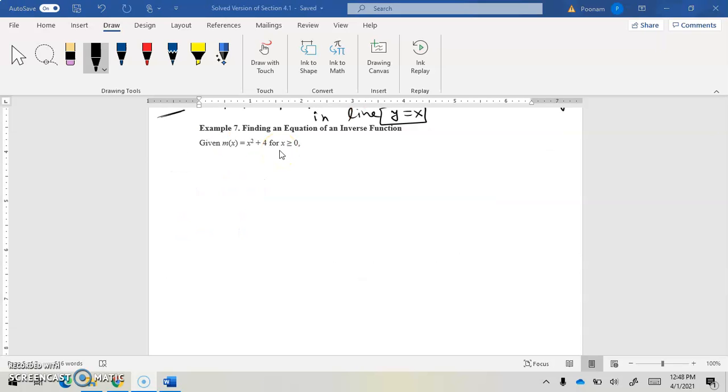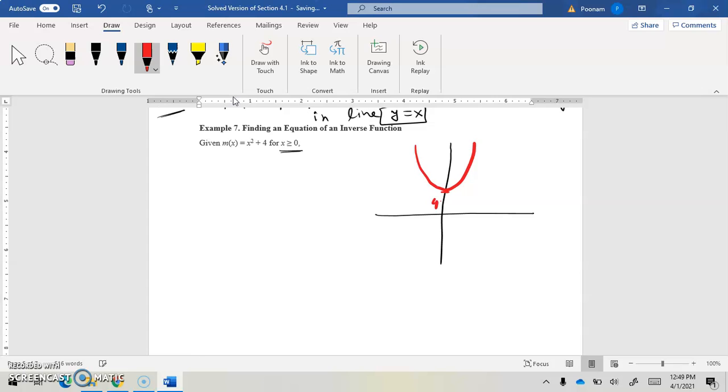Here in example number 7, we are given the function m of x is equal to x squared plus 4, where x is positive. So if you remember, x squared plus 4 is the graph of a parabola which is 4 units above your x-axis.